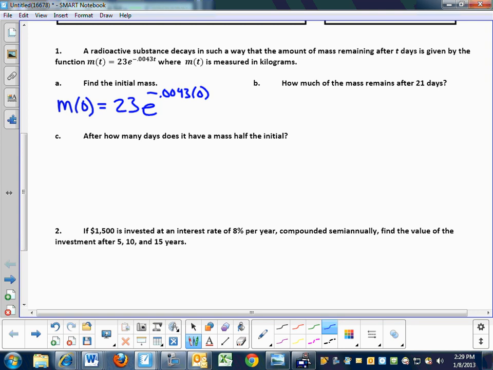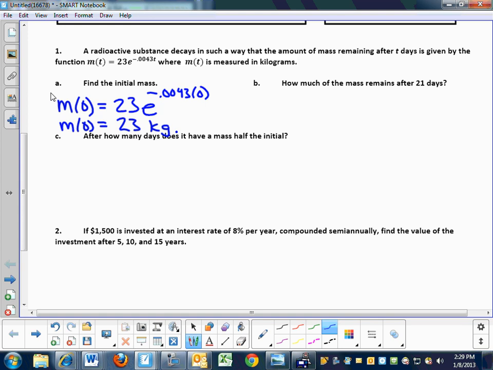What's negative 0.0043 times 0? 0. What's anything to the 0 power? 1. So you end up with m of 0 is equal to 23 times 1, which is 23 kilograms. So 23 kilograms is the initial mass.